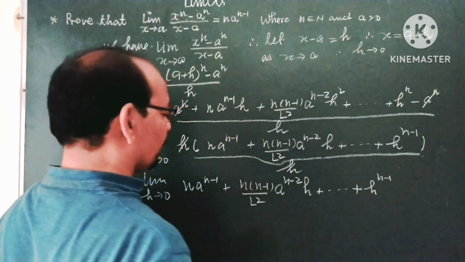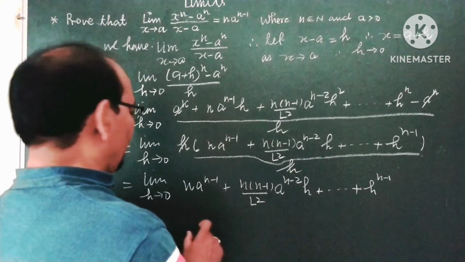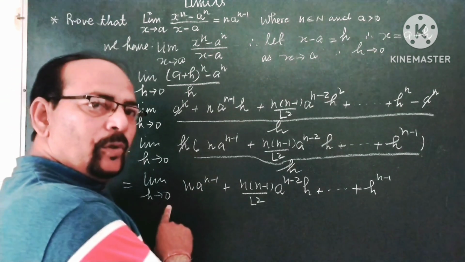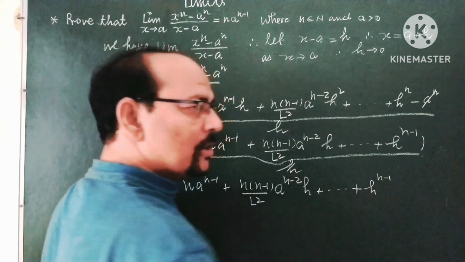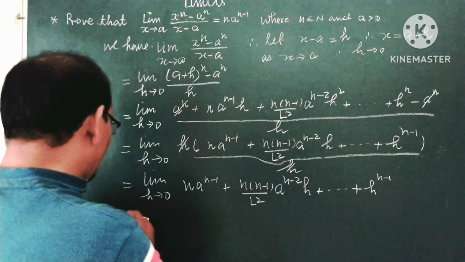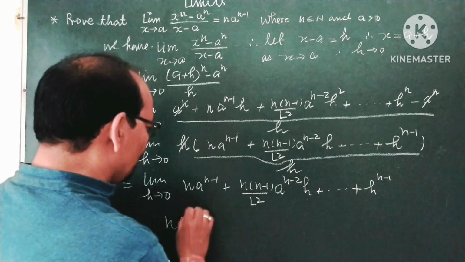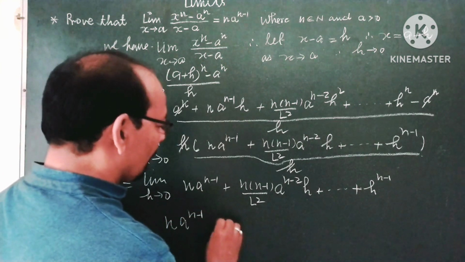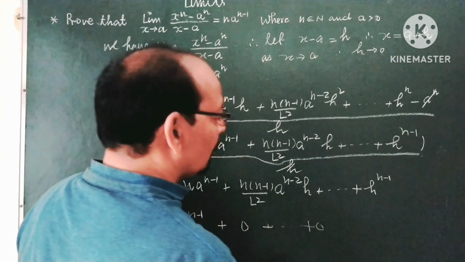Now we observe that if h tends to 0, this term will be 0 and this term will also be 0. 0 raised to n minus 1 will be 0 and h will be 0. Therefore, the limit will be n into a raised to n minus 1 plus 0 plus 0.